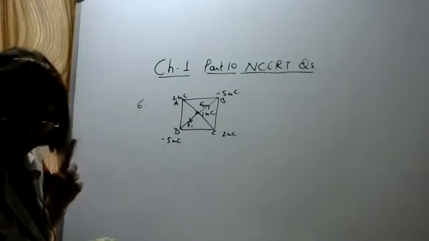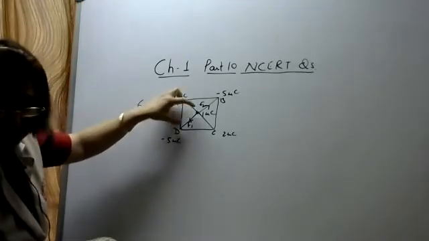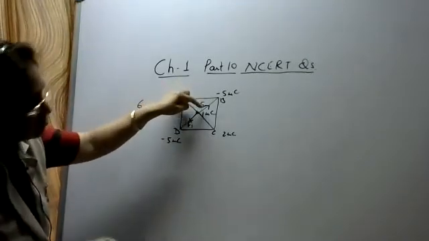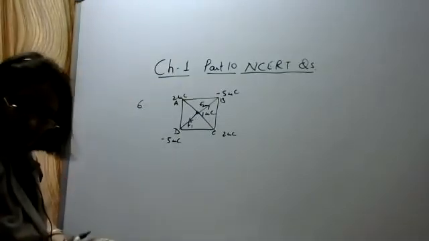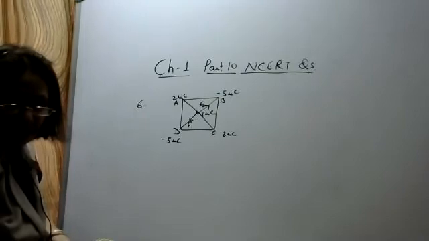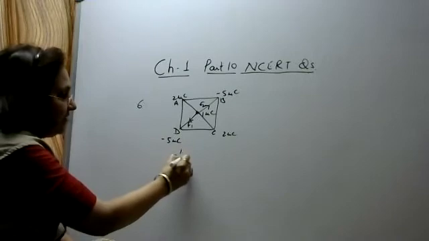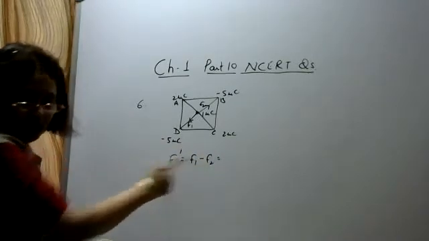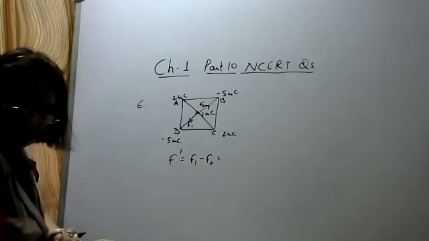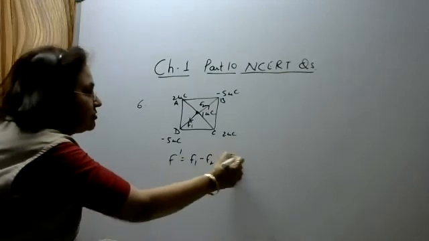F1 and F2 are the same in magnitude, k Q1 Q2 upon the distance square, so F1 and F2 are equal and opposite. Let the resultant be F dash. F dash is equal to F1 minus F2, since both are equal in magnitude and opposite in direction. So this is equal to 0.